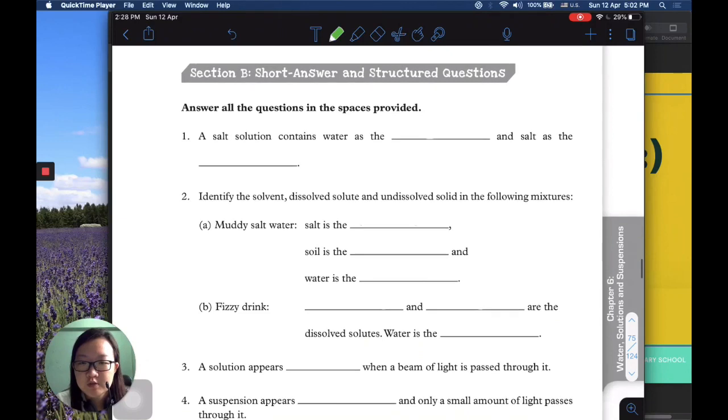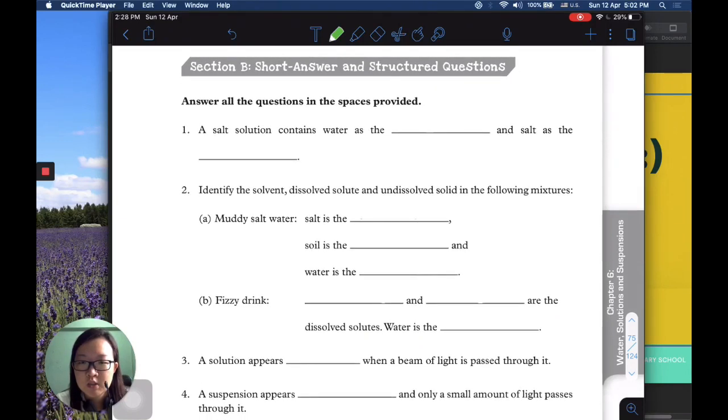Finally, let's move on to section B, short answer and structured questions. Question 1. A salt solution contains water as the solvent and salt is the solute. So again, remind you, solution equals solute plus solvent.